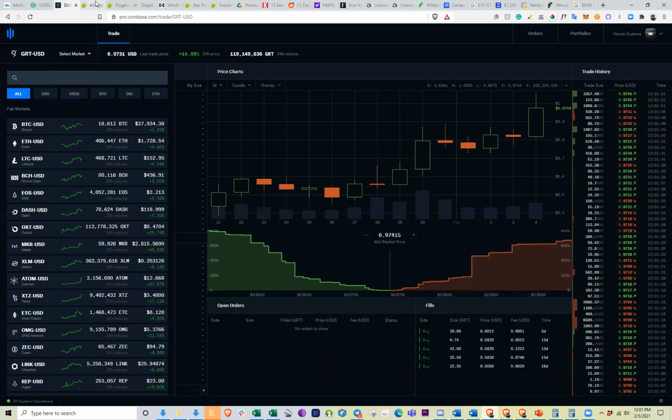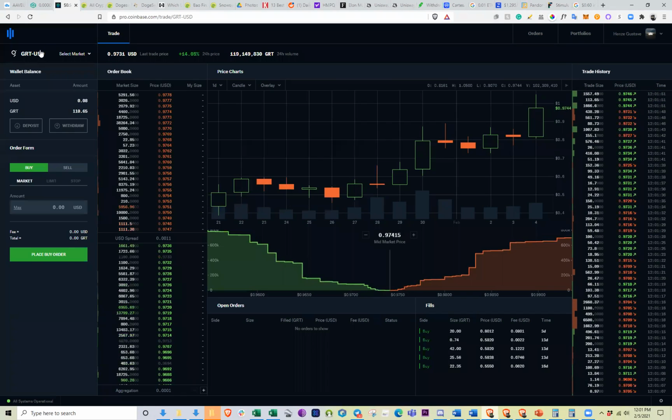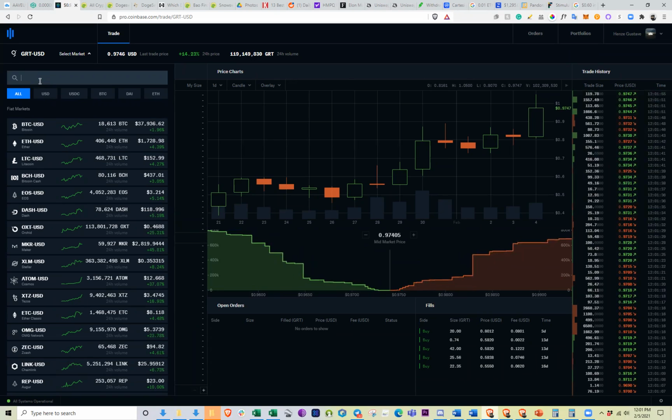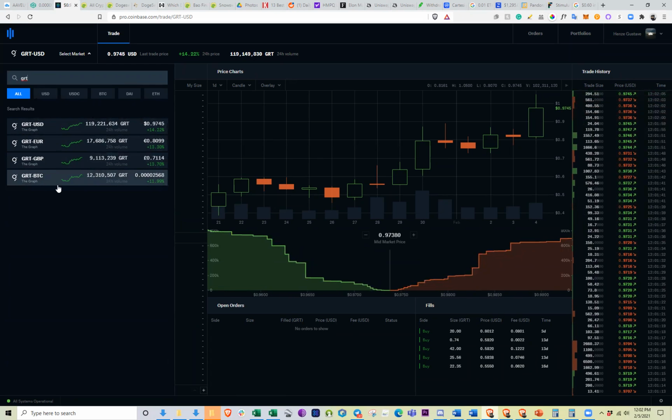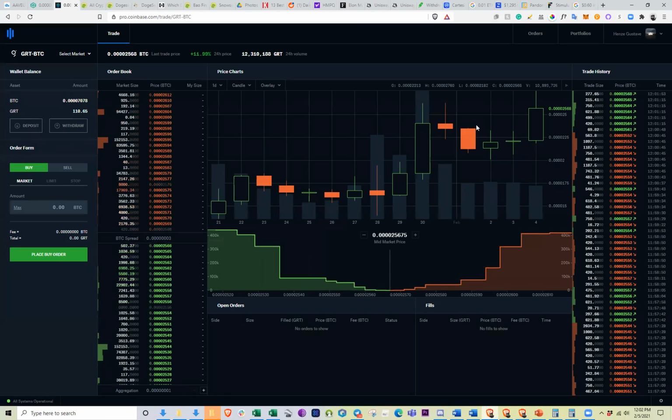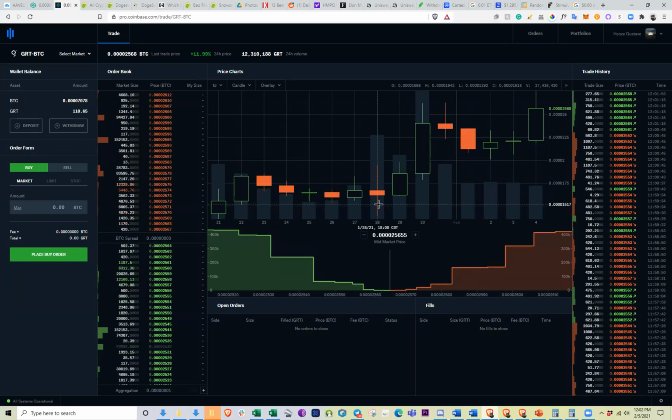So I'm going to go back to my GRT. I want to first look at what's available for me to sell it for, either USD, Euro, GBP, or BTC. So I'm going to sell it for BTC, and my average price was 60 cents, which was that 0.0016 that we had copied.